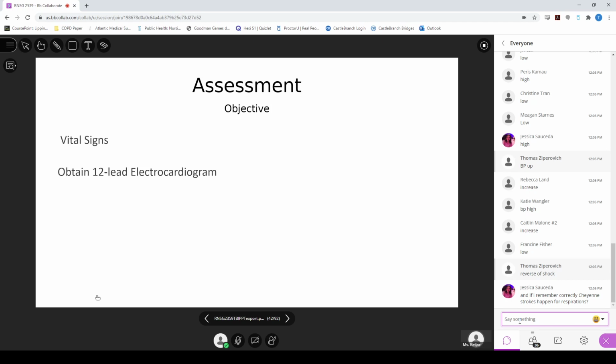If you have these three things, this Cushing's triad, it is very much well established when this occurs. So it's not just happening then, it's something that's been going on for a little bit of time. Okay, so that's the increase in systolic pressure, the widening pulse pressure, decreased pulse rate, and the Cheyne-Stokes respirations.